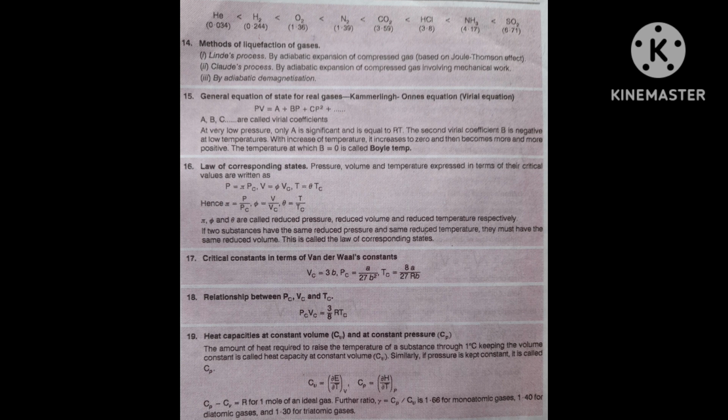Then for the triatomic gases, its value is given as 1.30. You remember, questions are asked on this. First, Cp minus Cv is equal to R for 1 mole of an ideal gas, and the ratio Cp upon Cv is called gamma. Its value is 1.66 for monoatomic gases, 1.40 for diatomic gases and 1.30 for triatomic gases. Correct?